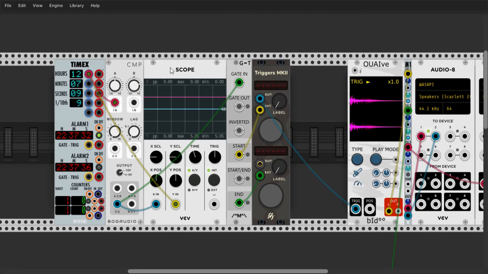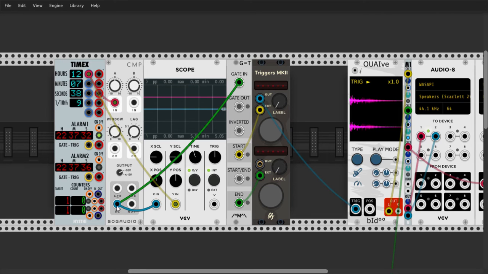So let's suppose we want to schedule a sound event to occur. I use this comp module from Bug Audio. And I have it test a signal against a particular voltage that I can set.